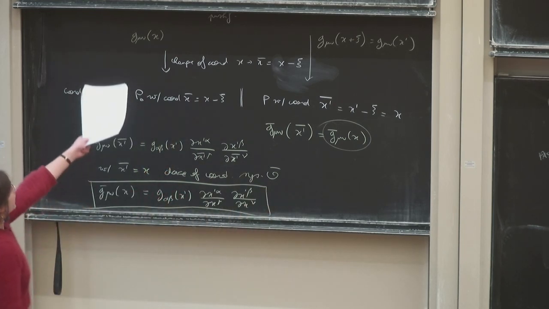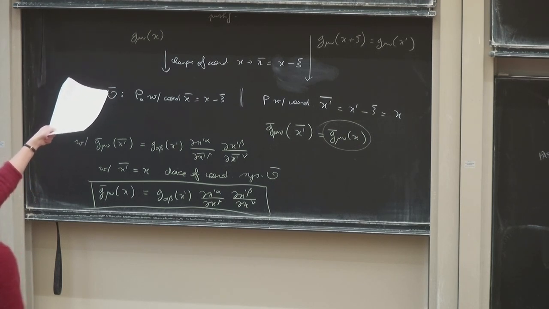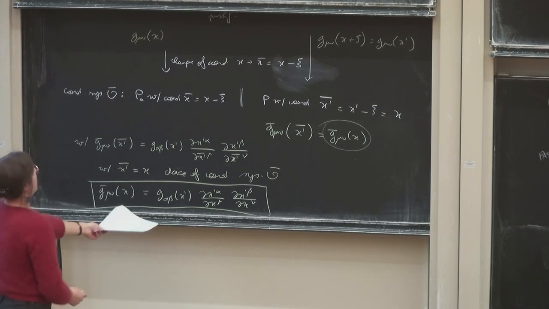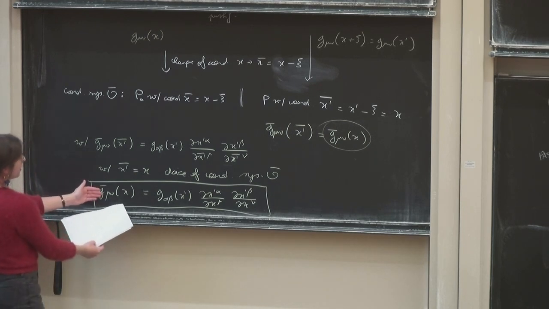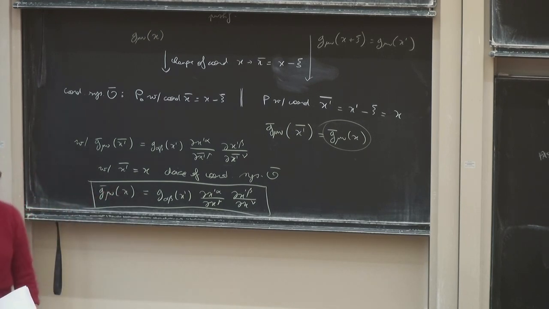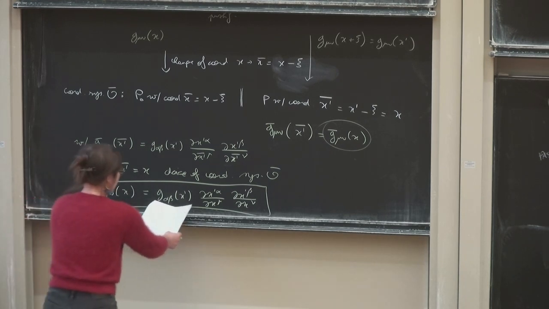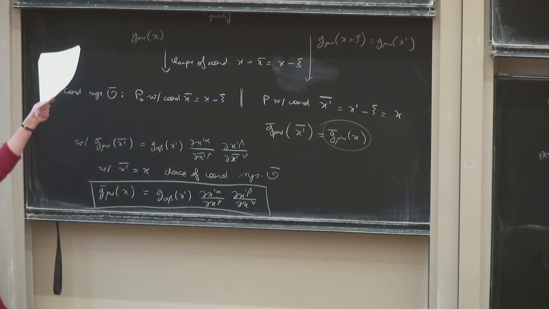So it means that my active field transformation rule that I've written there upstairs with the simple trick of just swapping x and x prime is indeed giving me the new metric actively transformed in x. Okay, so I'm just saying this right-hand side here is the same as the right-hand side on the right of the top board.